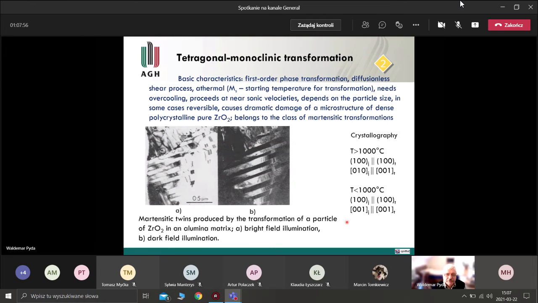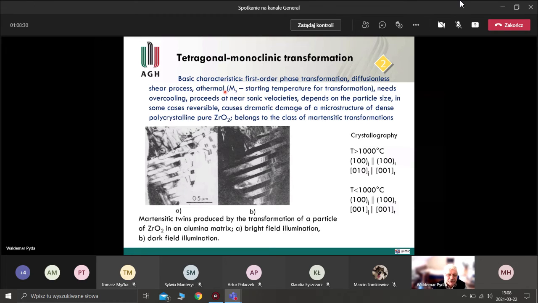Okay. I think we understand first order phase transformation, diffusion, shear process, athermal. Athermal means that the process does not need temperature for keeping, let me say, movement.